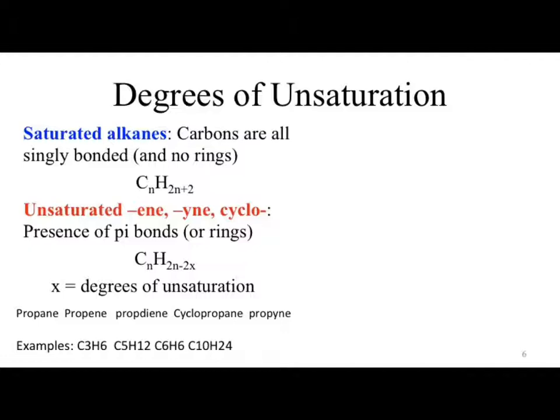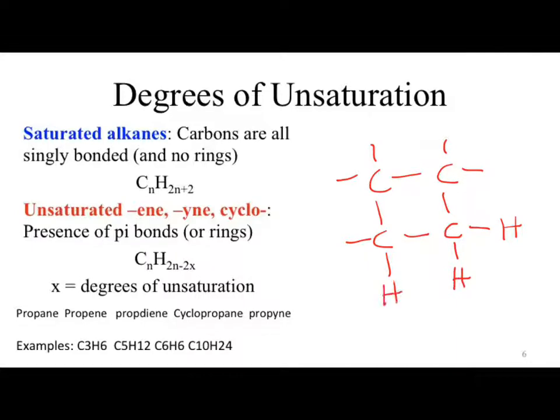Let's take a look at our cyclic structures. So here's where our definition gets a bit wonky. Let's take a look at a cyclic structure. For the sake of my drawing abilities, we'll look at this one. What's the name of this compound? Cyclobutane. The cyclo because it's a cyclic structure, and the butane because we've got 4 carbons.